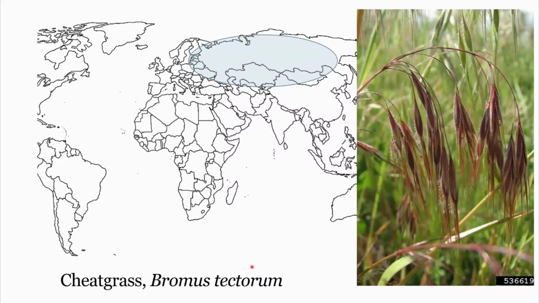So when we take a look at cheatgrass, you can see that in terms of its native range, it would include our Mediterranean climate, but it also includes a continental climate. And there's a pretty large difference between a northern latitude and a southern latitude. And so what that tells us is that it's adapted to a wide range of different types of plant communities.